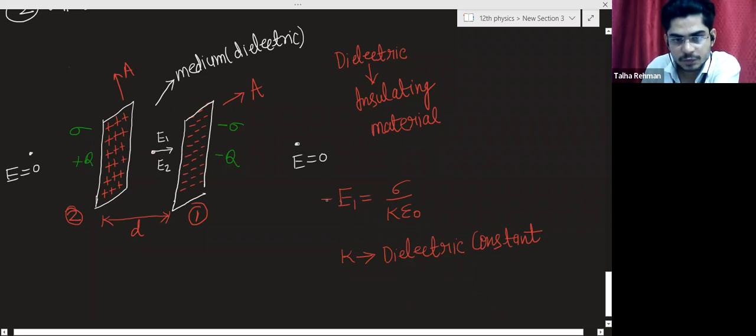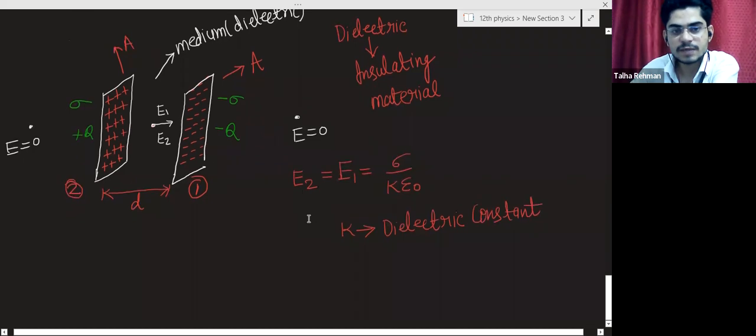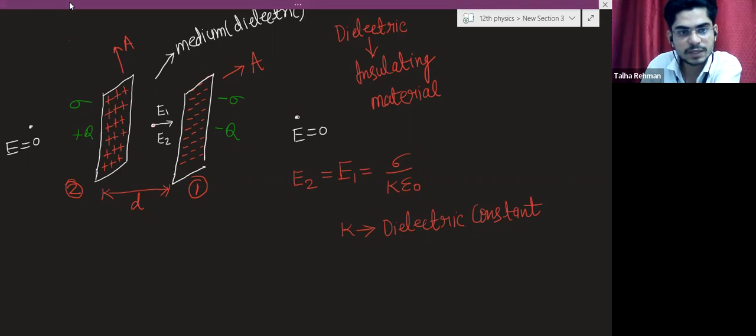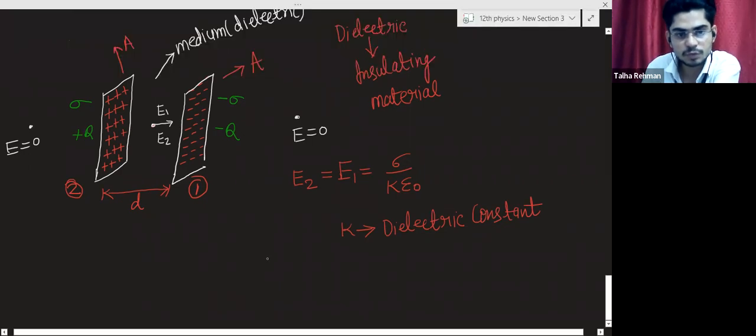So E1 and E2 will be the same in magnitude, and these are in the same direction. If I am drawing the electric field at point O, this is point O. This is E1, and in this direction is E2.